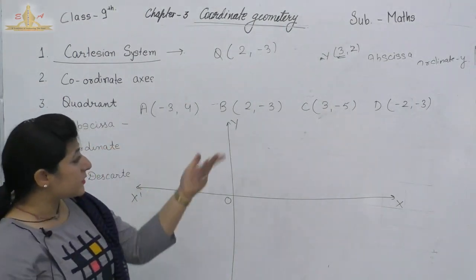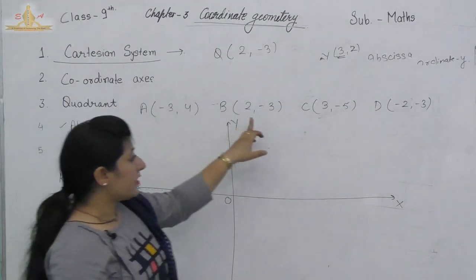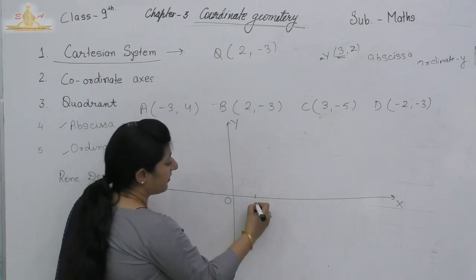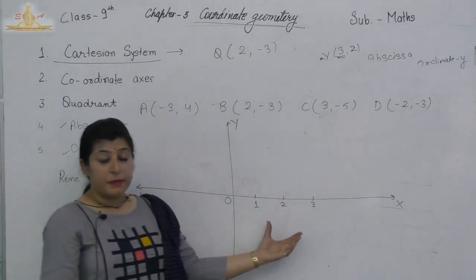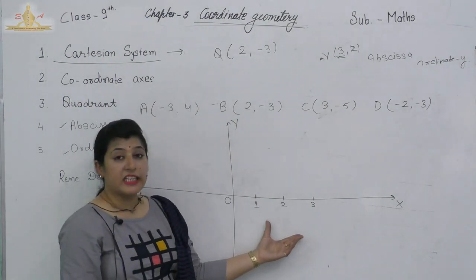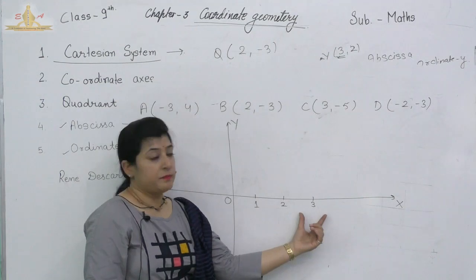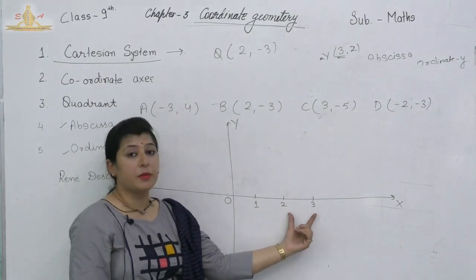Firstly check the highest value on the positive x-axis: minus 2, 3, minus 2. It means it is enough that we take 3 points. On graph paper, solve this question and take equal distance between these gaps. This is 1 unit, then again 1 unit, or we can take boxes.